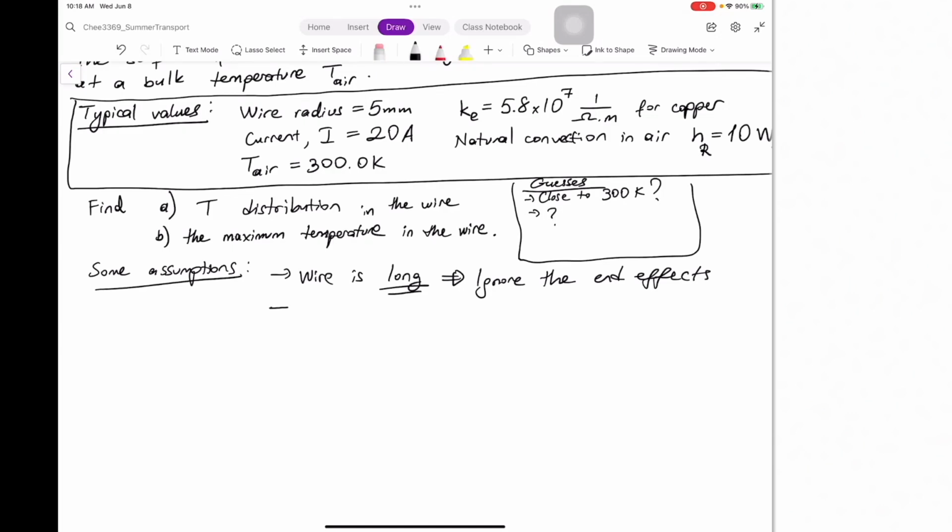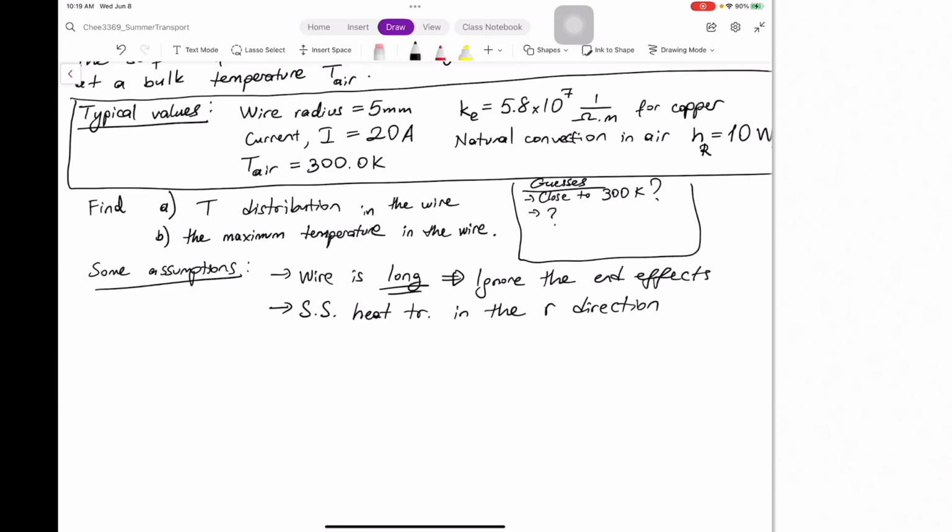Okay. And the other assumption is steady state heat transfer in the r direction. It's only in the r direction. We're going to assume there is not going to be any changes along either the theta direction or the z direction.